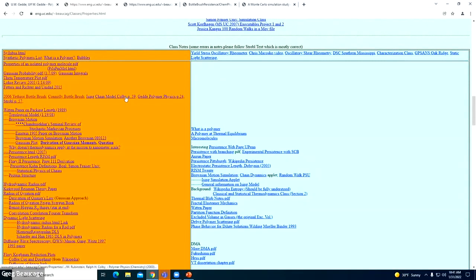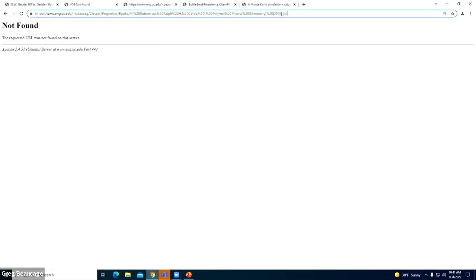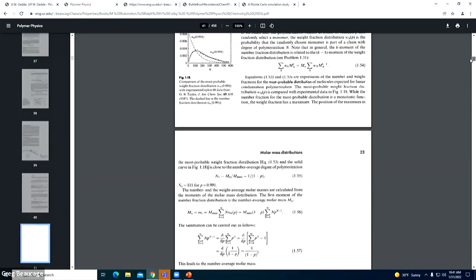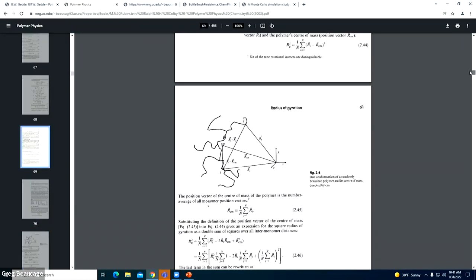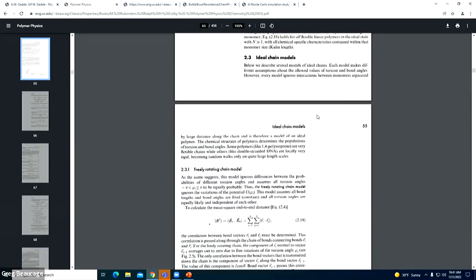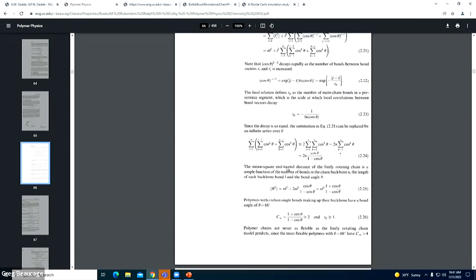So Colby calls it the Ising chain model. And it's on page 59 of Colby's book. Colby's a guy pretty well known. This is kind of the same thing, but calling it the Ising chain model, you can see it's kind of the same thing.